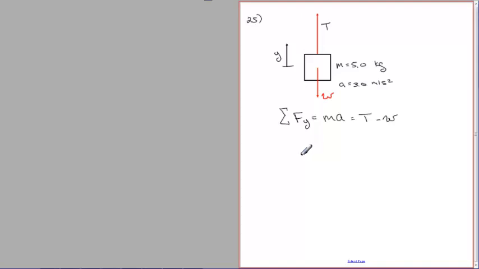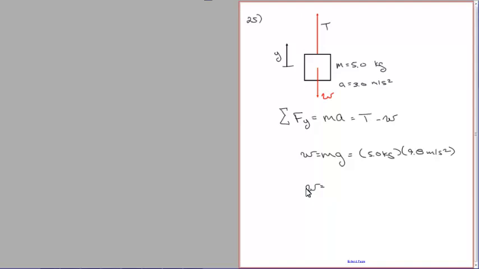Okay, now the weight of any object is just equal to its mass times acceleration due to gravity. So the weight is going to be equal to 5 kilograms times g, which is 9.8 meters per second squared. And it's not negative because g is always positive. A could be negative, but g is always positive.